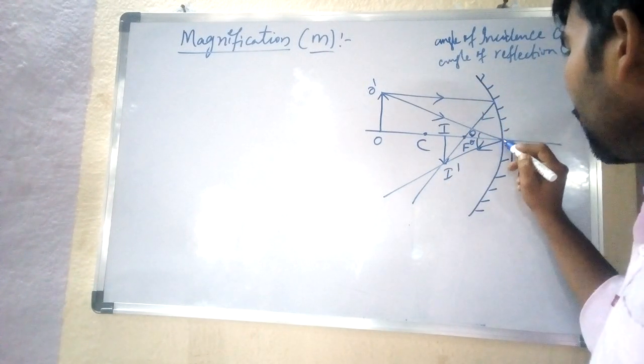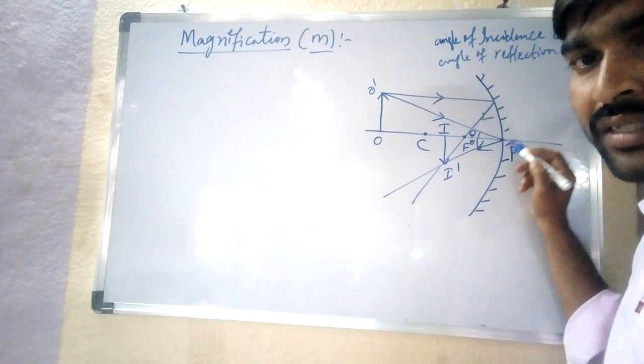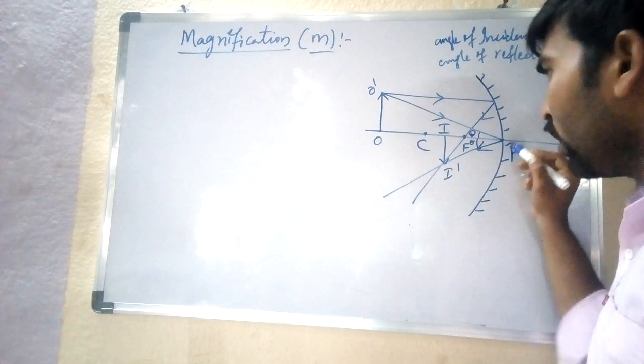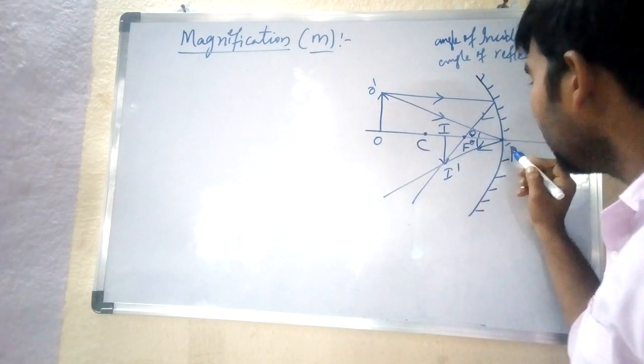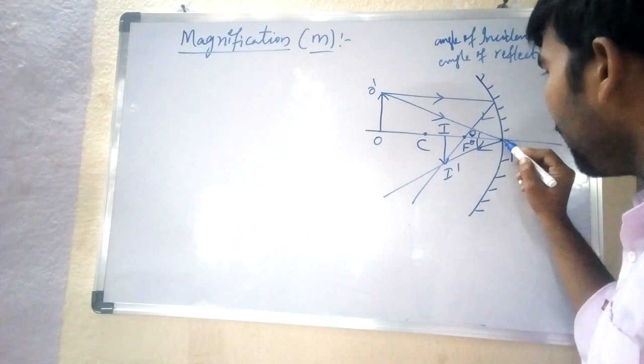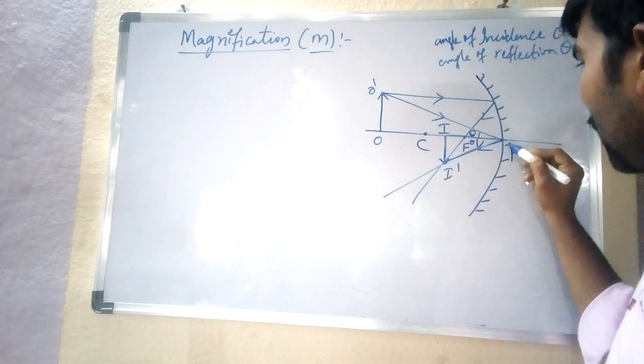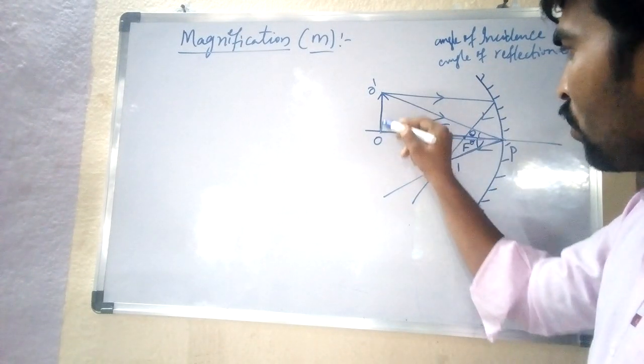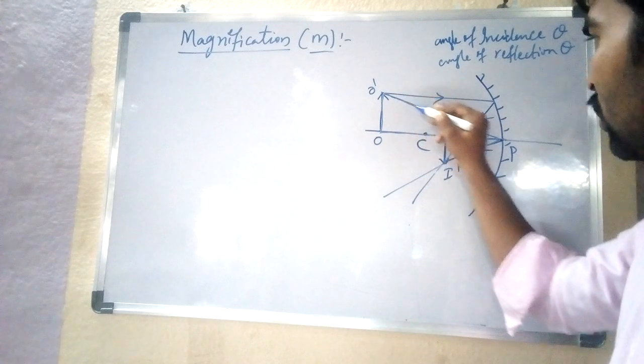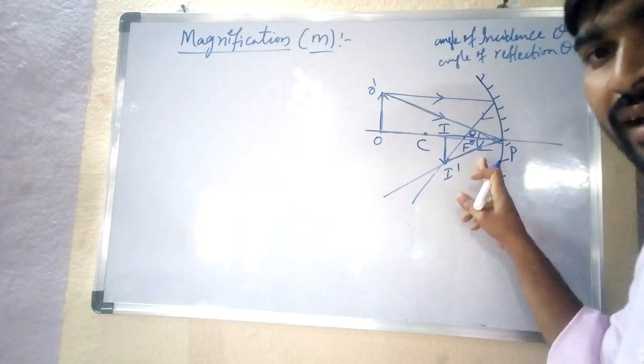Now, according to the sign convention, all distances should be measured from the pole. From the pole onwards we are measuring, from the object and the same from the image. In this, PI dash is a triangle, and PO dash also looks like a triangle.